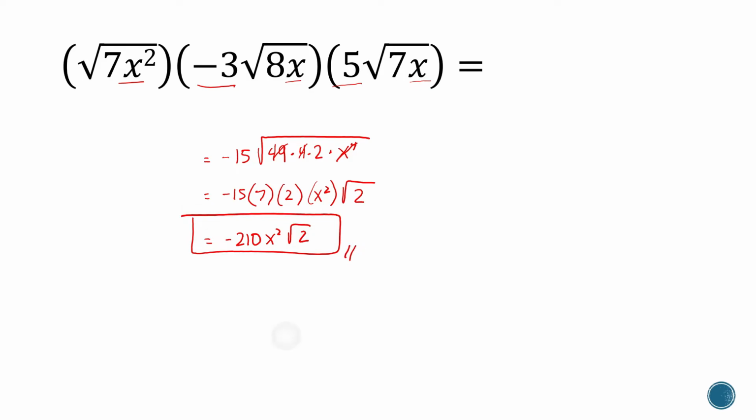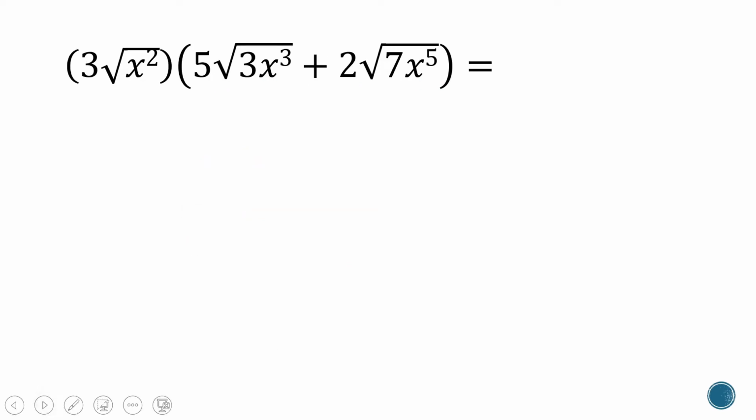All right, let's go to the next one. Here, I think we will distribute this 3 square root of x squared to 5 square root of 3x cubed, plus 2 square root of 7x raised to 5.